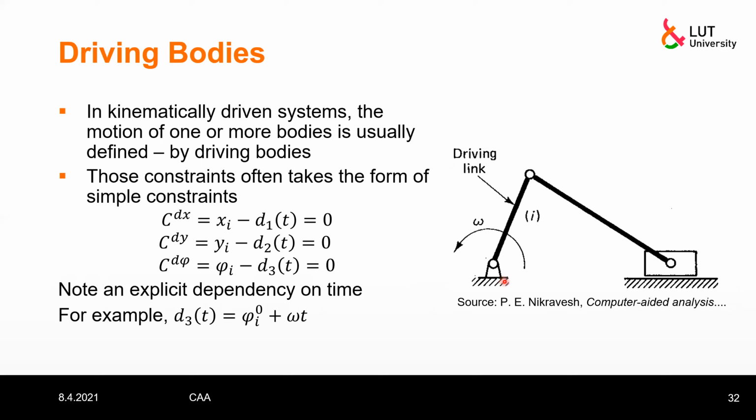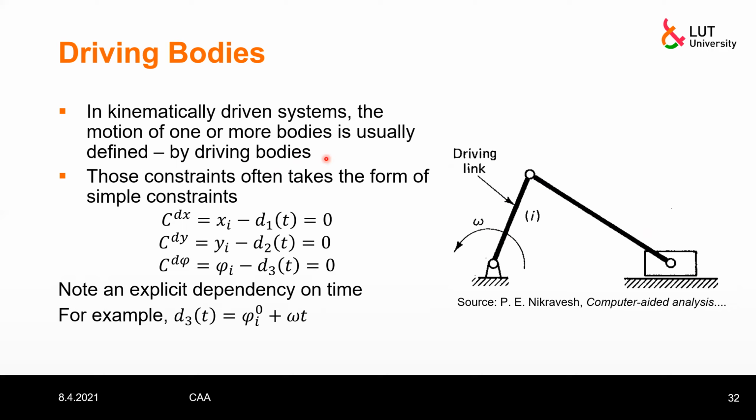So the common way to introduce the motion is, for example, to say that that link is a so-called driving link, and it rotates with constant angular velocity omega. You have seen this example. I think it was also a part of the assignment.